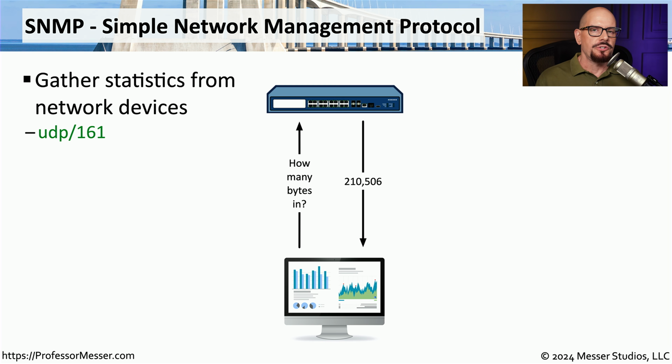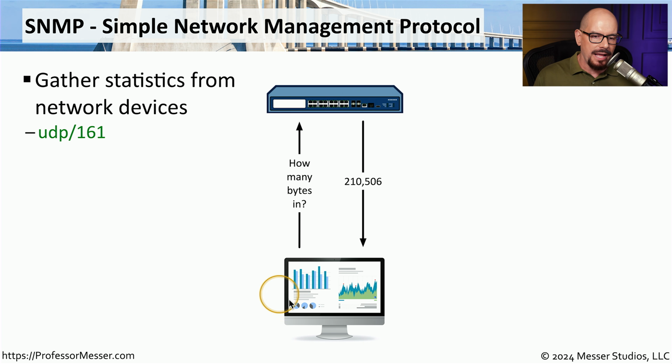As a network professional, you'll be responsible for the uptime and availability of routers, switches, firewalls, and many other devices on the network. One way to manage those devices is through a protocol named SNMP, or the Simple Network Management Protocol. By default, SNMP uses UDP port 161 to query devices and receive information about how that device may be performing.